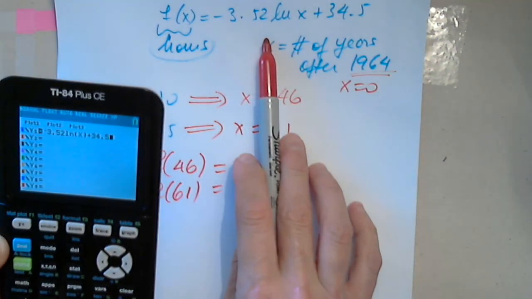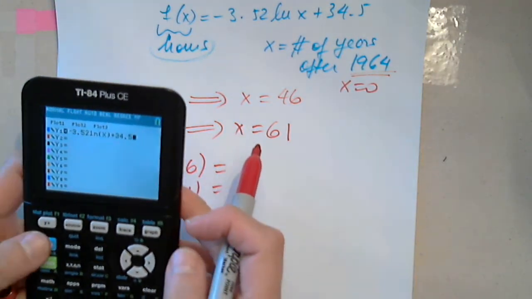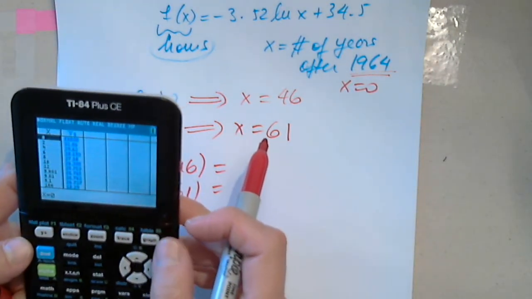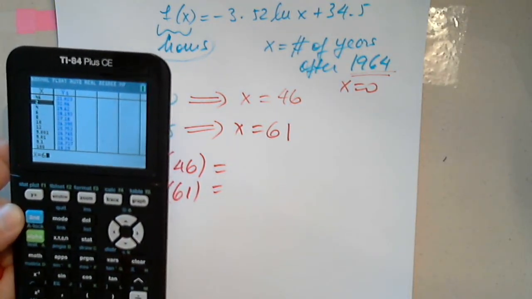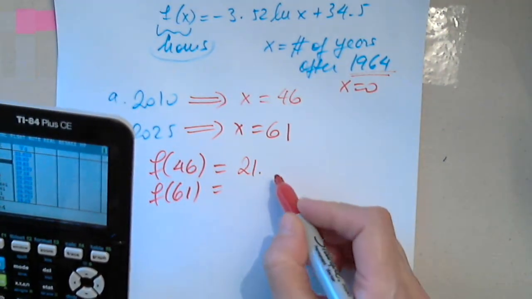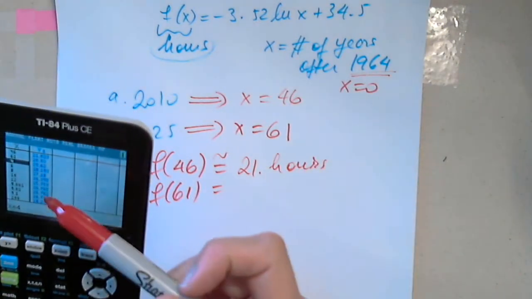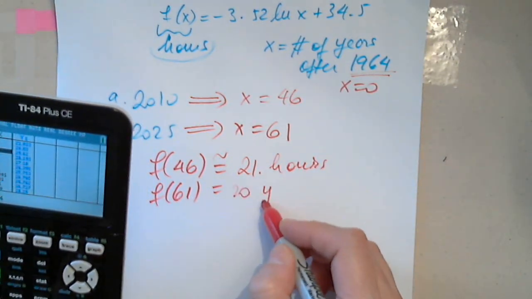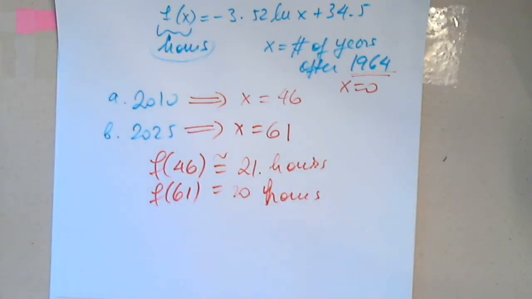And we go again to second and table, and we plug in 46, and we plug in 61. For 46, I got approximately 21 hours, and 20 hours for 2025, assuming the model still holds.